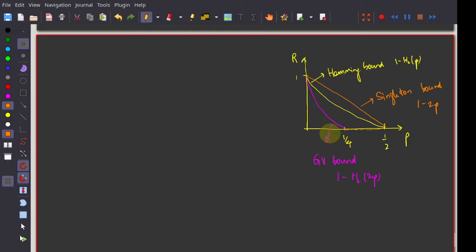A polynomial number of code words would imply that the rate is asymptotically equal to 0, right? The way we'll derive these bounds is using some combinatorial techniques. We will basically look at the minimum distance between all pairs of code words and try to manipulate this in a number of different ways.